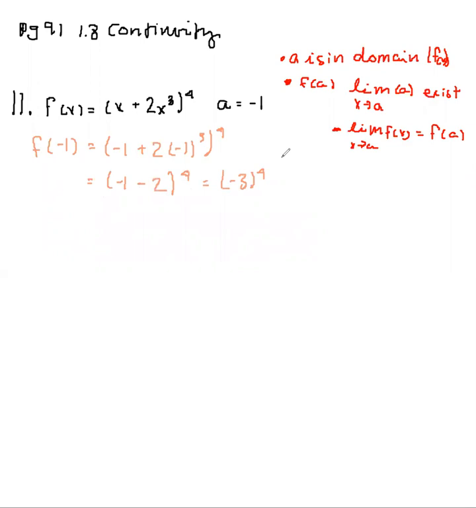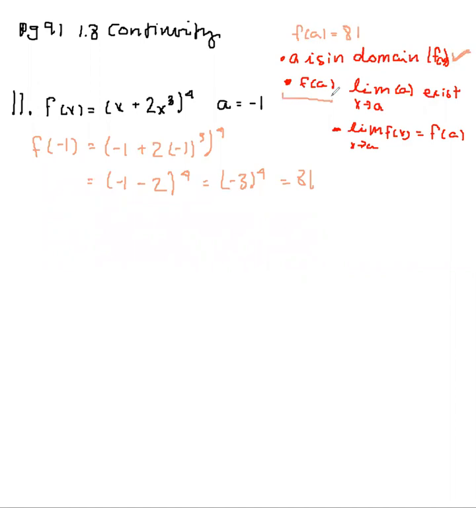That would be just 3 to the fourth, which is 27 times 3. Sorry, I should have this memorized, but I don't. So 81. Now we know that a is in fact in the domain of f, and that f of a is equal to 81.